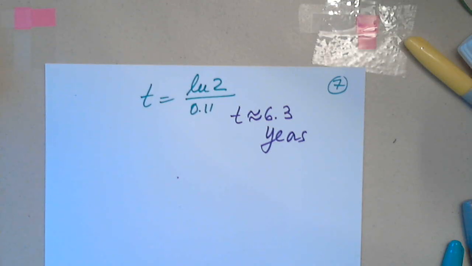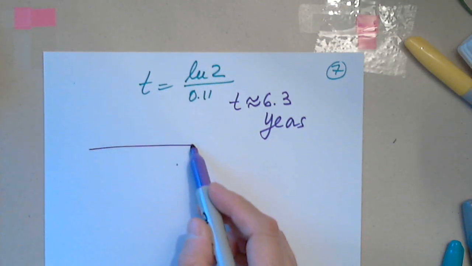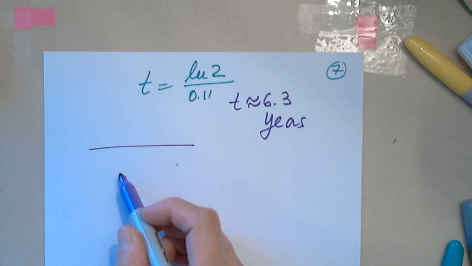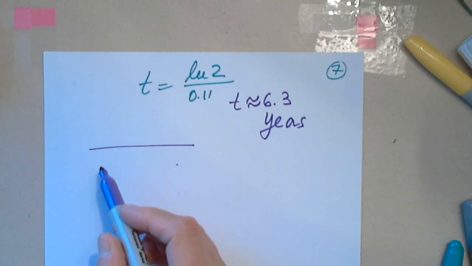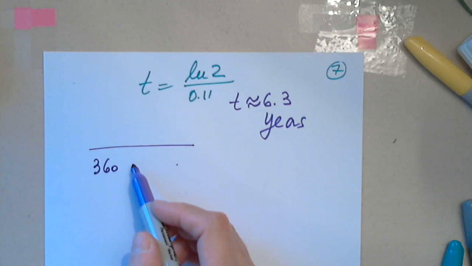Absolutely, yes. Okay, so it says to complete the table for a savings account subject to 360 compoundings yearly, and then it has the equation.